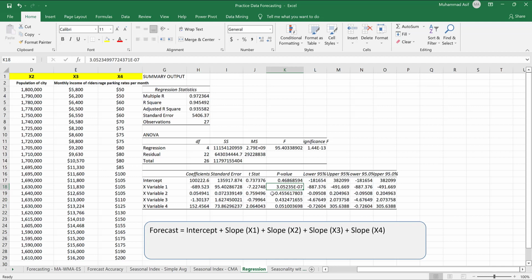And for variables 2 and 3, their values are greater than 5%, which means if we want to further refine this analysis, maybe we could eliminate these variables, or we can say that their effect does not appear to be significant. So that's called regression analysis.